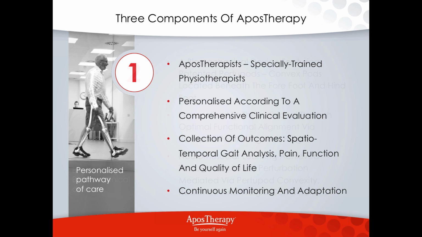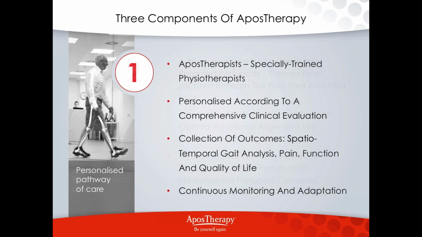So the first component, as I said, we're all specially trained physiotherapists. As we spoke about earlier, diagnosis is very important. When you come for your initial consultation, we carry out a full physiotherapy assessment, looking at your gait, your range of movement, and your gait deviations to see whether you're suitable and how you fit in with the treatment.